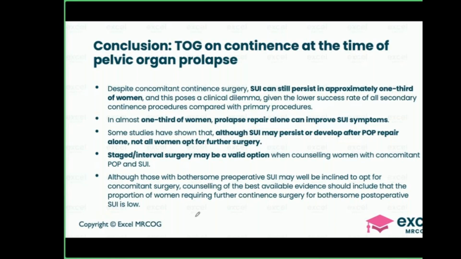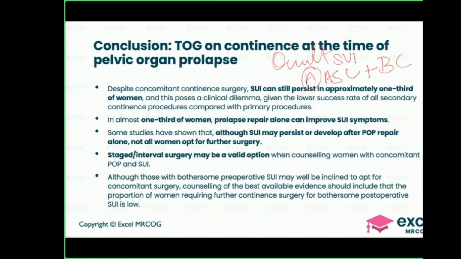But if they give you specifically, as per the GTG on vault prolapse, occult SUI, and you have to say if the MDT has chosen surgery, then the option that you choose is ASC, abdominal or laparoscopic, whatever that is, plus Burch colposuspension.